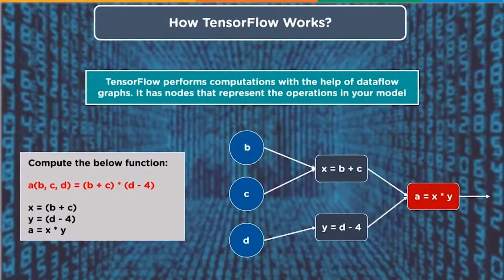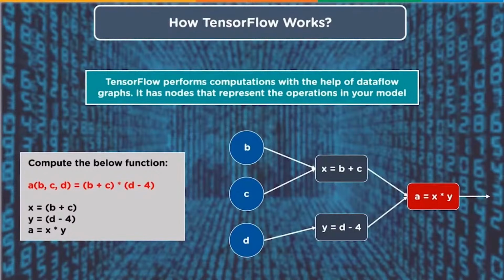It has nodes that represent the operations in your model. And if you look at this, you should see a neural network going on here. We have our inputs b, c, and d, and you might have x equals b plus c, y equals d minus 4, a equals x times y, and then you have an output.